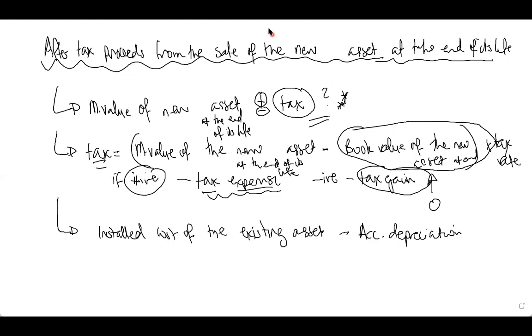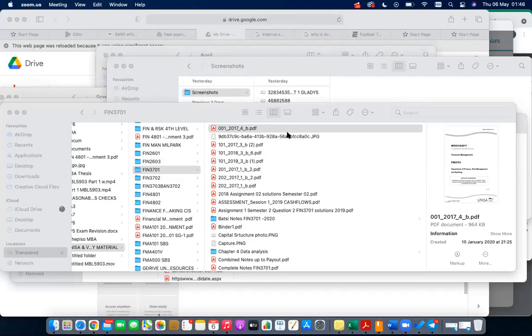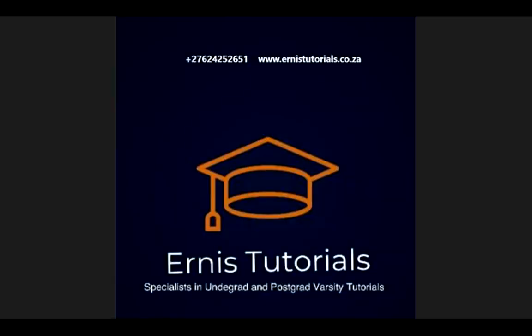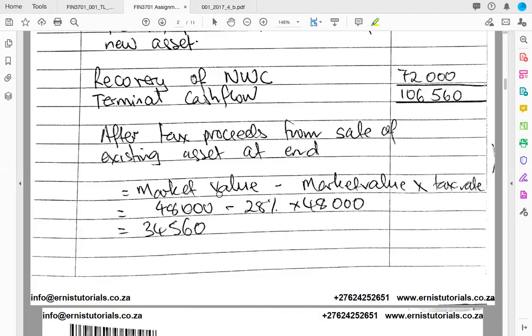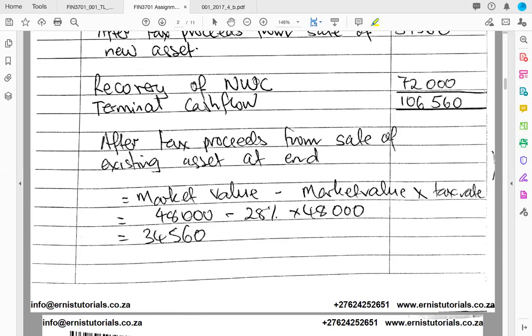So let's actually see how we would approach that in the question that we had in the assignment. Okay, there we go. So for our question, I just want to show you where all these numbers are coming from that I have on the screen.